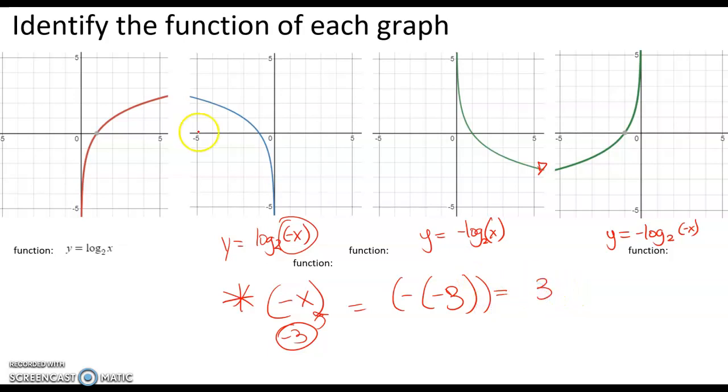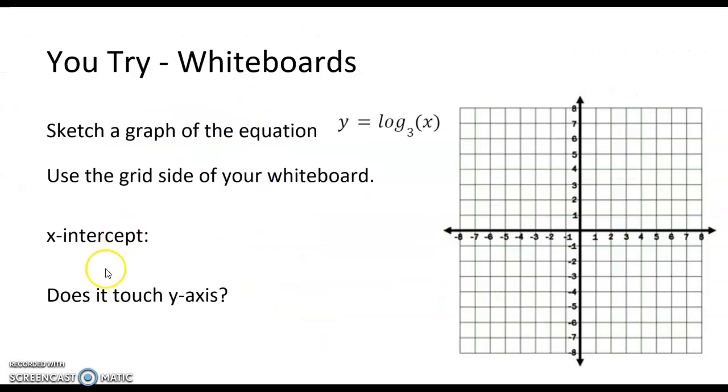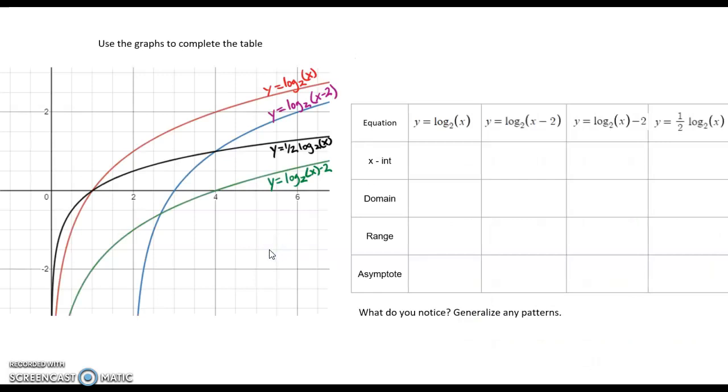And that makes sense because all of these numbers here that fit on our -x log are negative numbers. -5, -4, -3, -2, -1. So I'm going to let you guys go ahead and try this on your own. I'm not going to go through it just to save time. And we'll move on to our tables here.